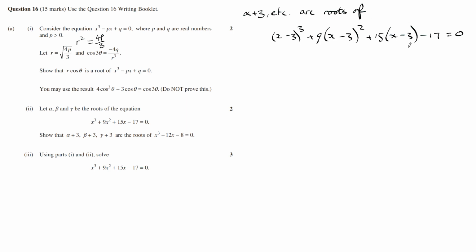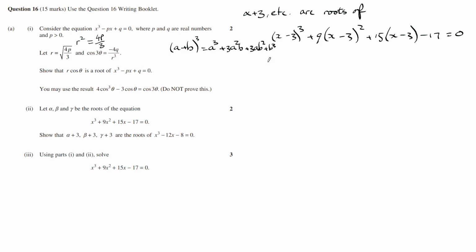So we just need to expand this and show that it's the same as that. Now if you forget how to expand this, it's just binomial theorem. So let's just revise that. It comes out like that.